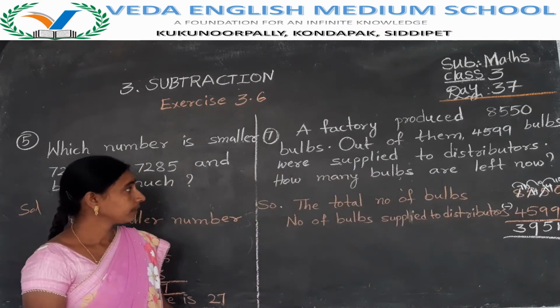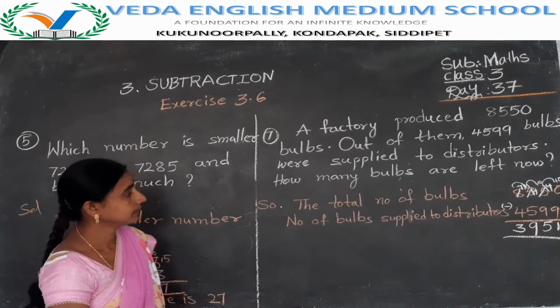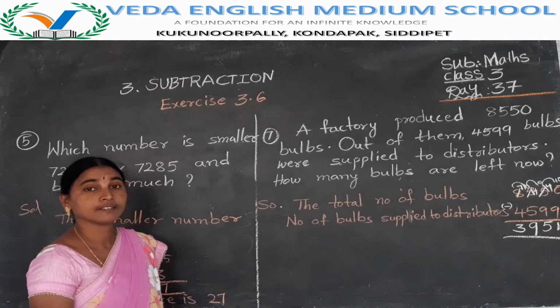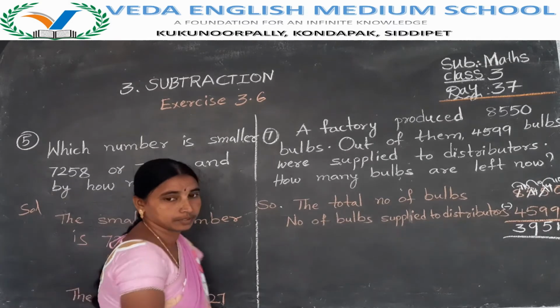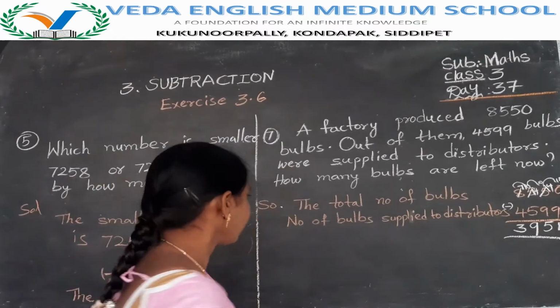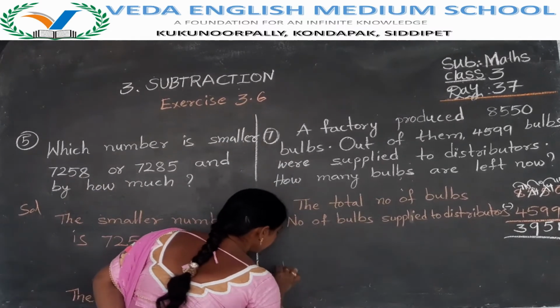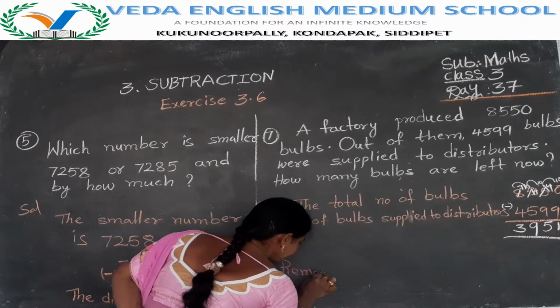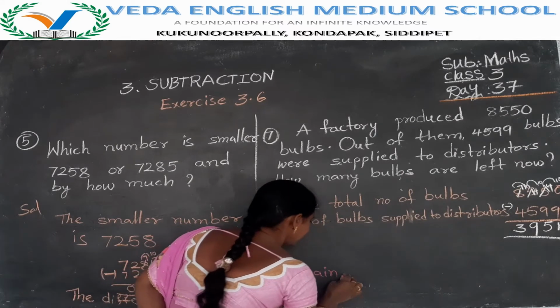3951. How many bulbs are remaining? 3951.